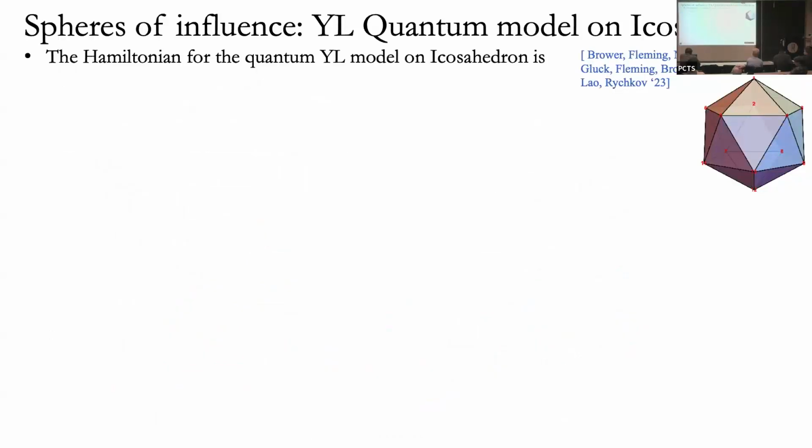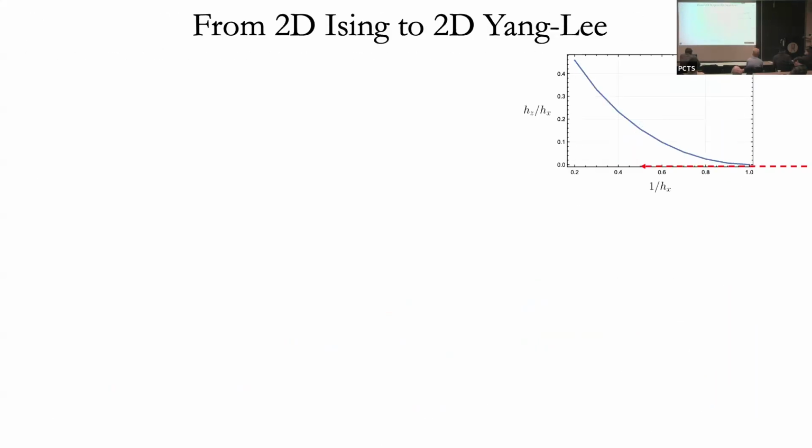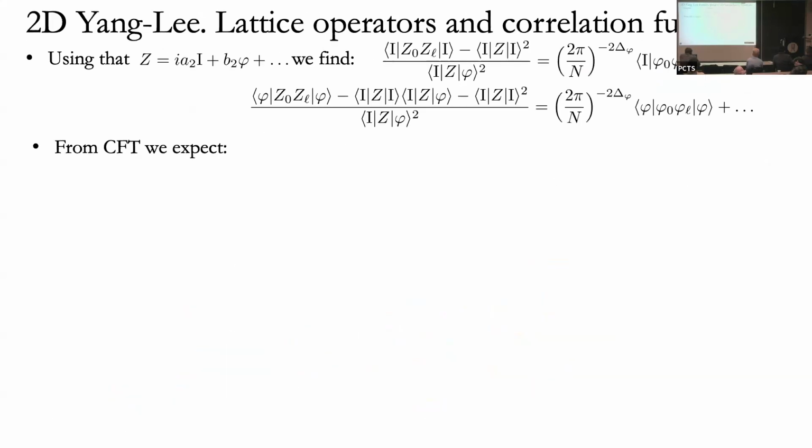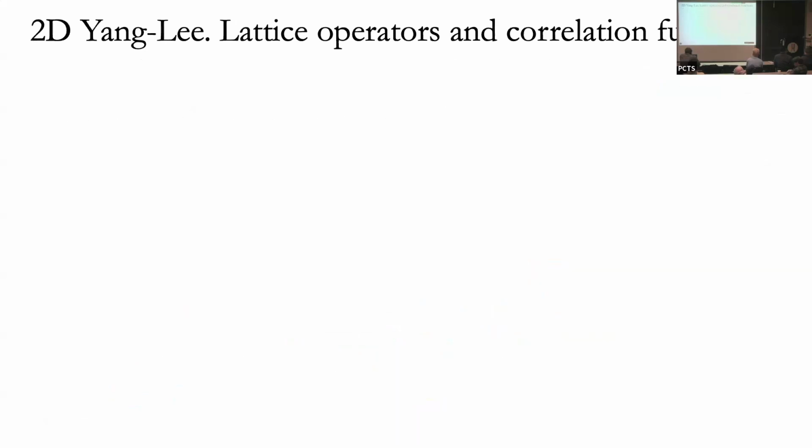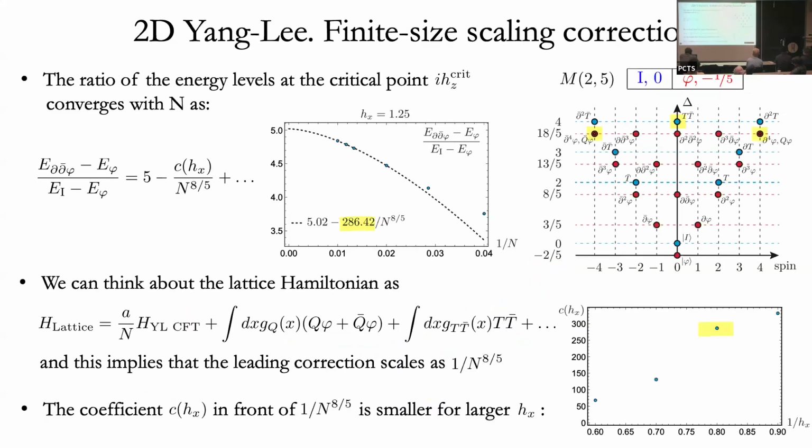For example, in this plot, where we try to see the ratio of levels, we know that we can make this coefficient smaller if we go deeper into the paramagnetic phase, but there's no reason why it will become very small. It could still stay like 100, right? And for this type of levels, definitely we need higher n. If you use low n, you're really far away from seeing the convergence.